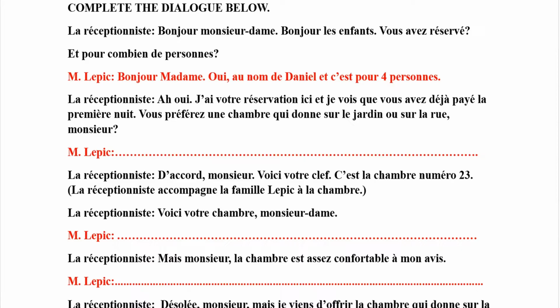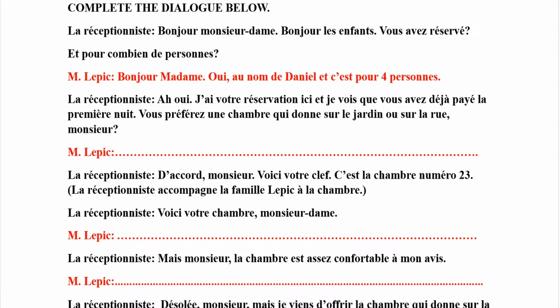Ah oui, j'ai votre réservation ici et je vois que vous avez déjà payé la première nuit. Vous préférez une chambre qui donne sur le jardin ou sur la rue, monsieur? Oh, yes, I have your reservation here. And I see that you have already paid for the first night. Do you prefer a room overlooking the garden or the street, sir?